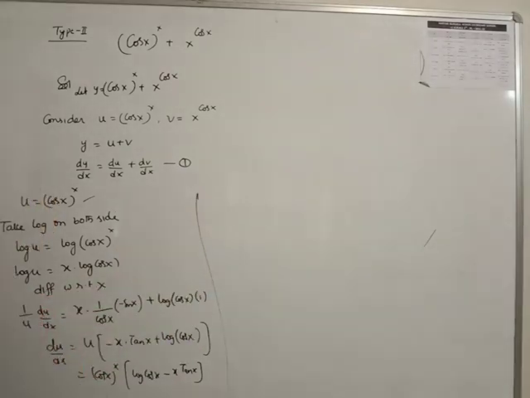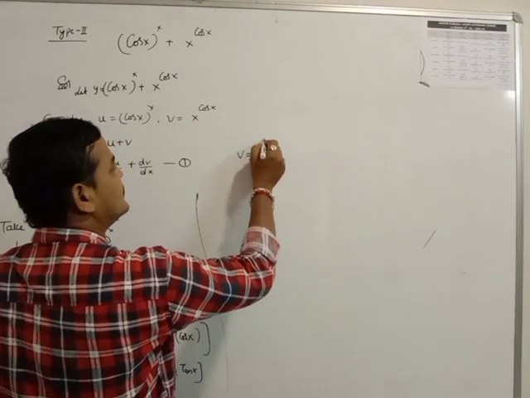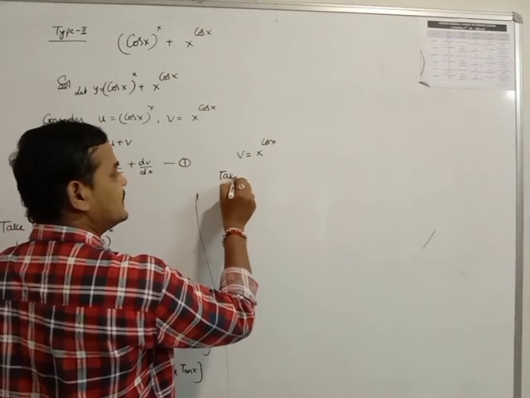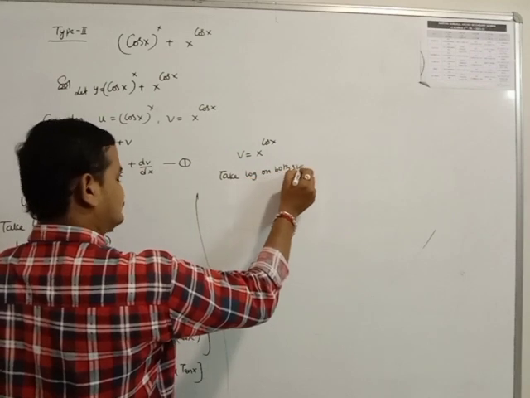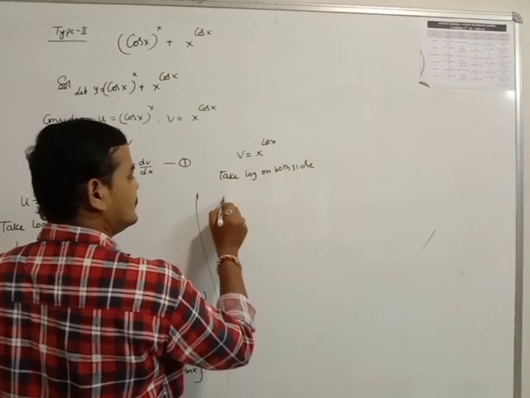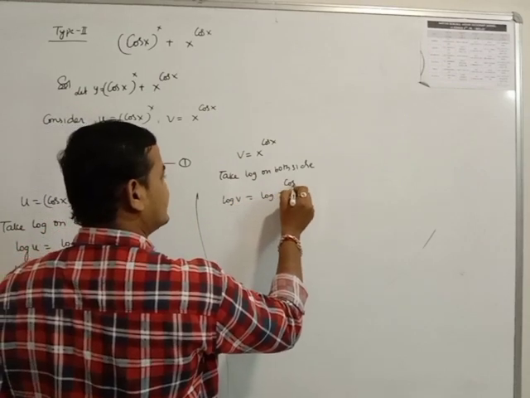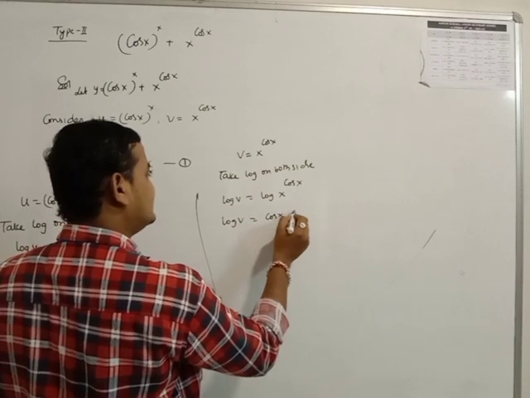Is over. Similarly, you can take the second part. v is equal to x to the power of cos x. Again take log on both sides. Log v is equal to log of x to the power of cos x. So log v is equal to cos x into log x.